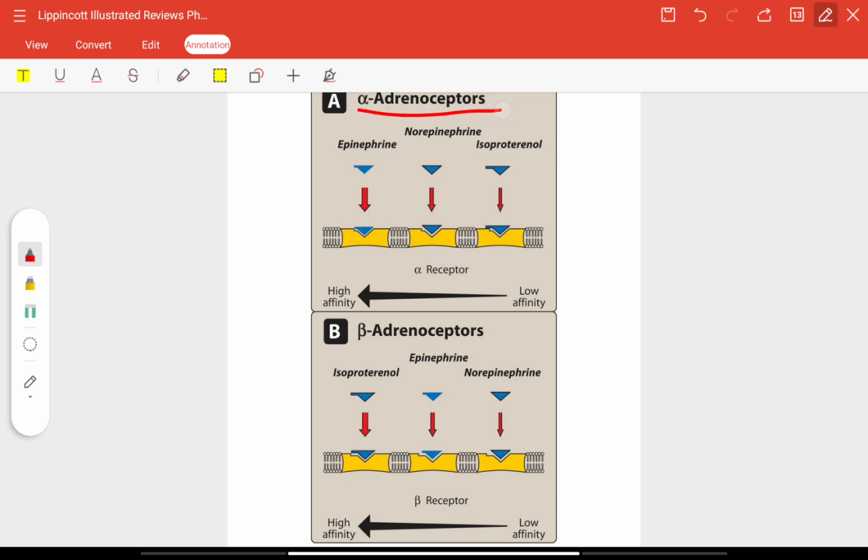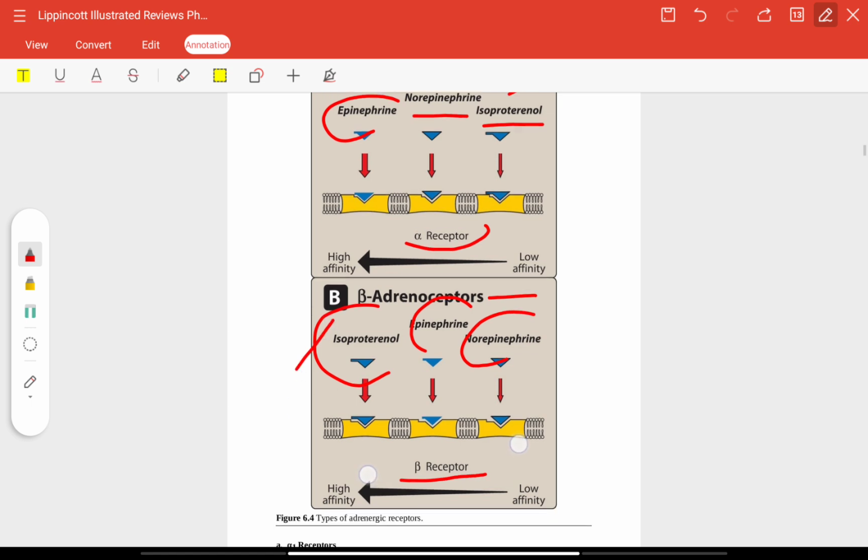For alpha adrenoceptors, the affinity towards the alpha receptor from lower to high: the highest is epinephrine, then norepinephrine, and the lowest is isoproterenol. For beta adrenoceptors, the affinity for beta receptor is highest for isoproterenol, then epinephrine, and the least is norepinephrine. For isoproterenol, it is opposite for both receptors.